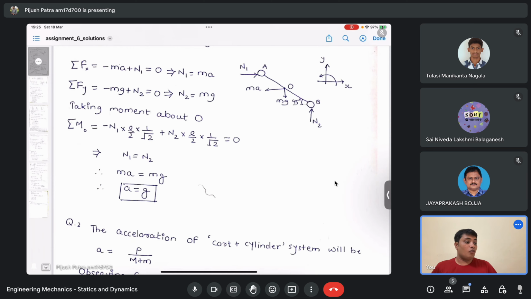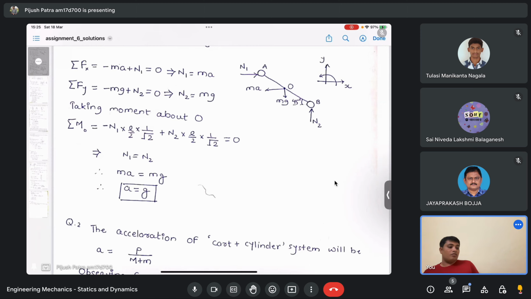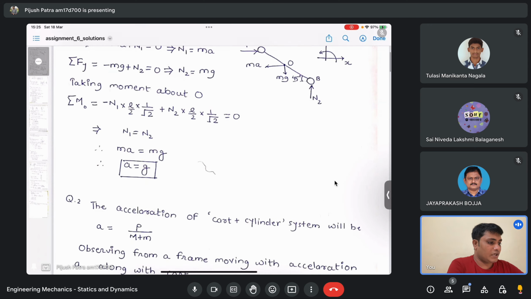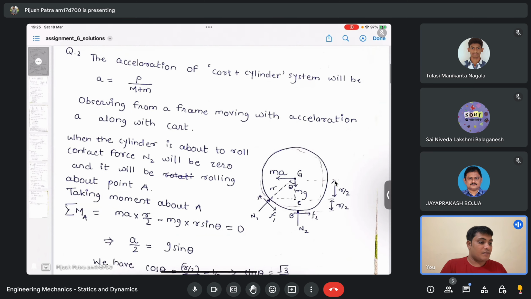Before going into any more details of this problem, I just wanted to give some end questions, because again I'll talk about friction and all. In that case, let me first discuss the second problem, and then we will go through it.